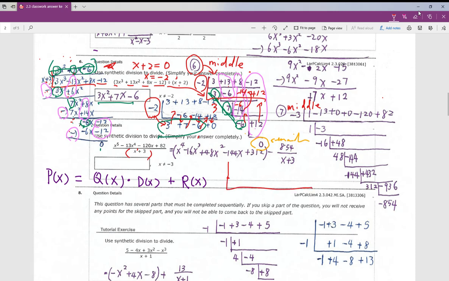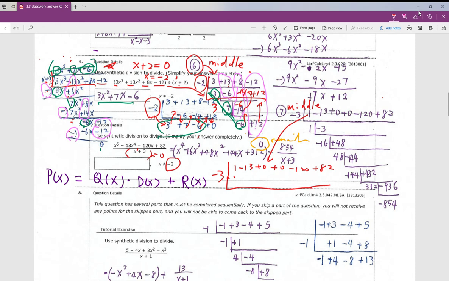So this one I copy from here, okay? 1, minus 13, plus 0, plus 0, take away 120, plus 82. And for x plus 3, I solve for equal to 0, therefore x will equal negative 3, right?